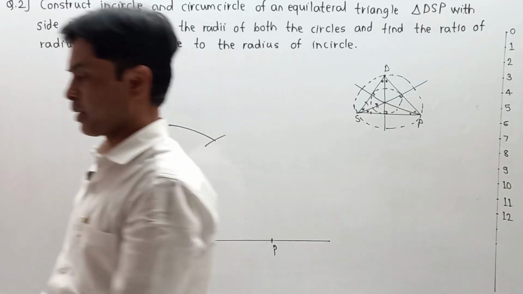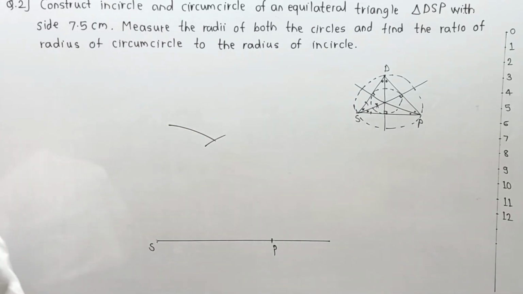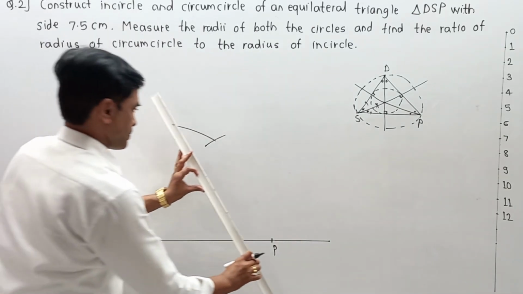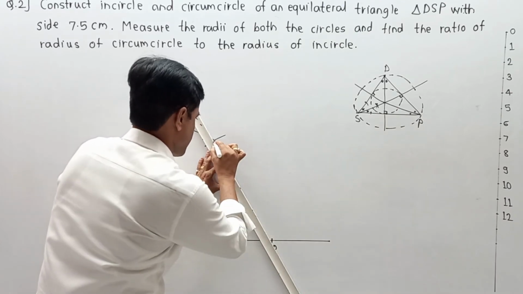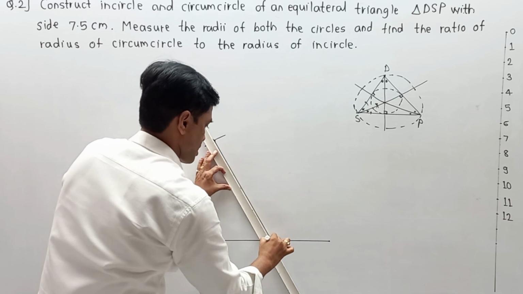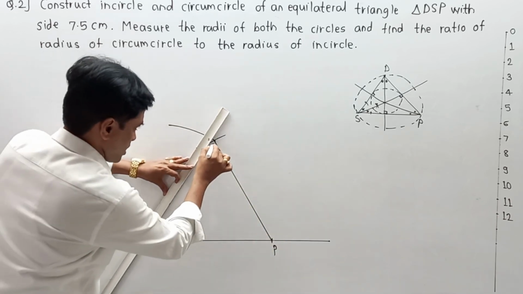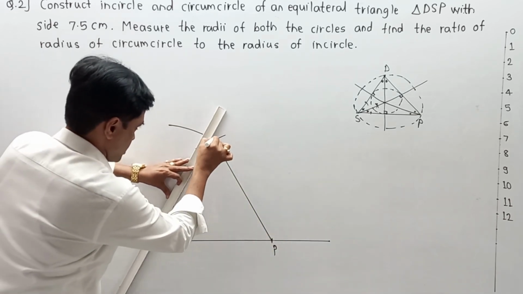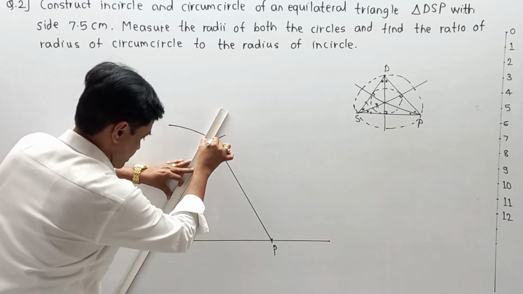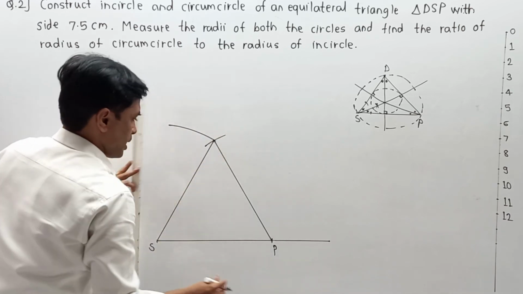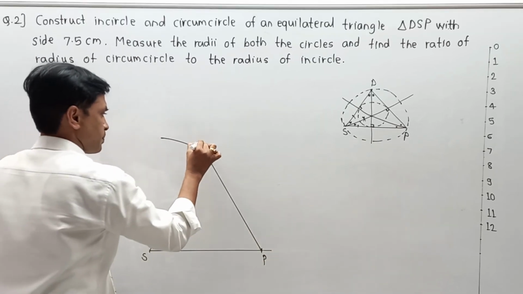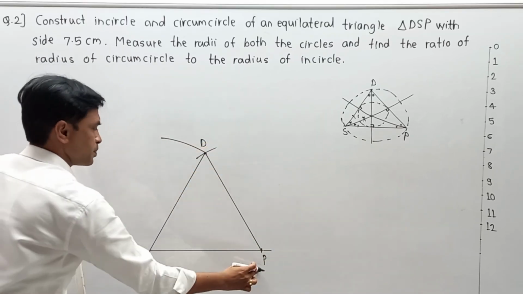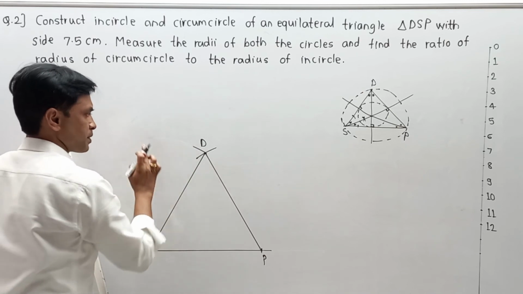Now we are able to get one point, and now I am going to join that point over here. And our first stage, that is equilateral triangle DSP, is ready for us.